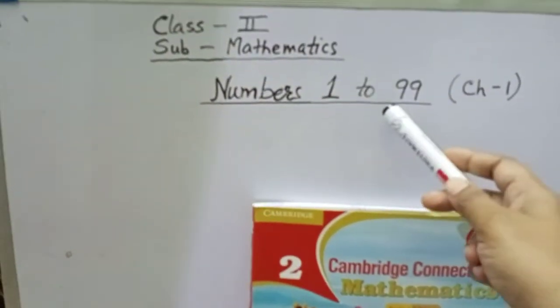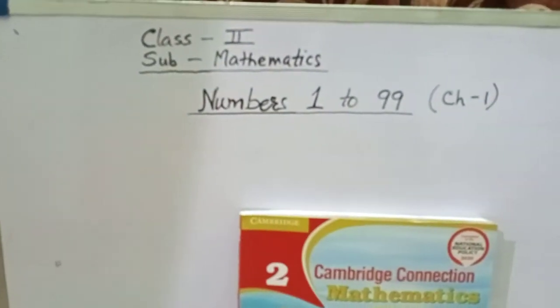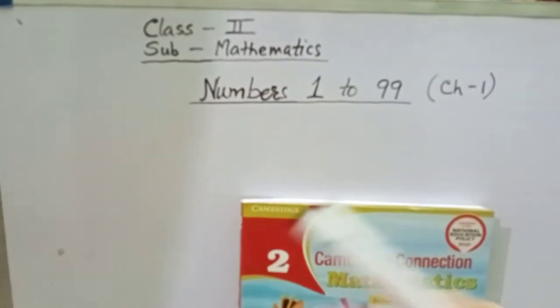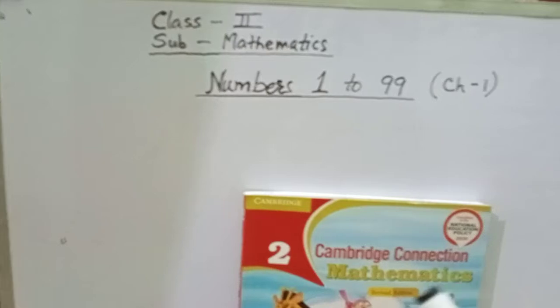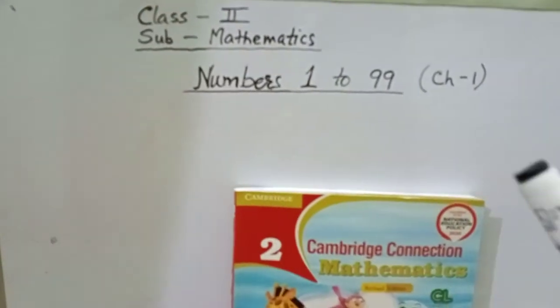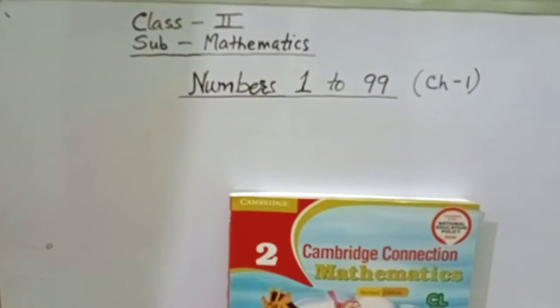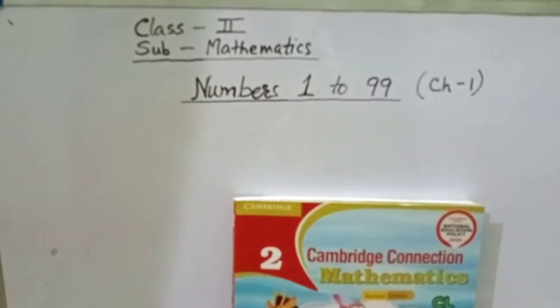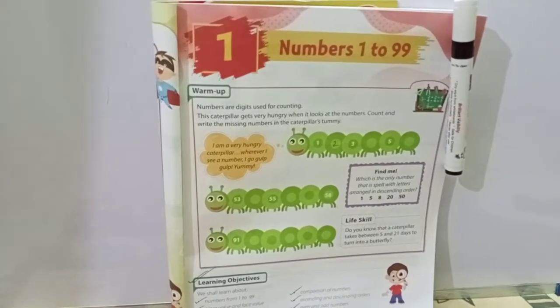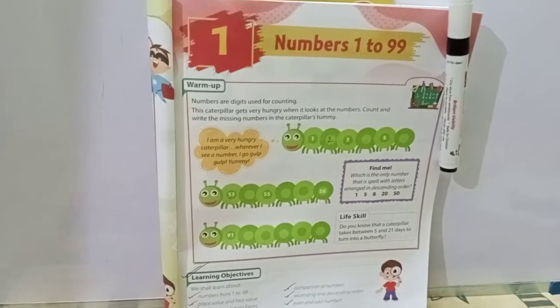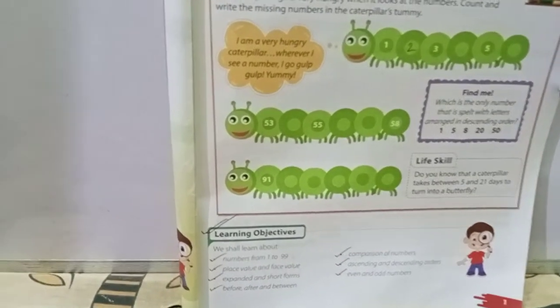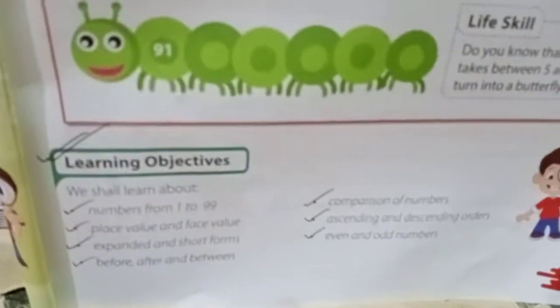You already have an idea up to number 99. So very fast today we are going to brush up this chapter so that we can move on to the next interesting part in your maths. Okay? So let's start. Children, this is your first chapter, numbers 1 to 99. Let me focus on the parts that we are going to discuss today.